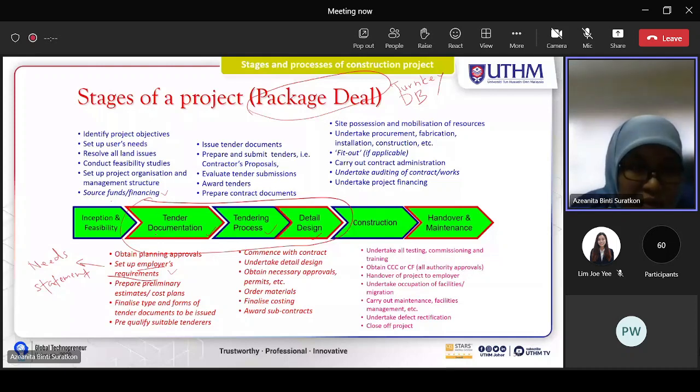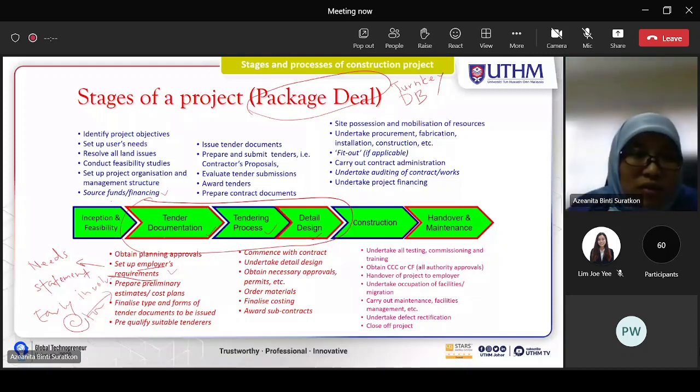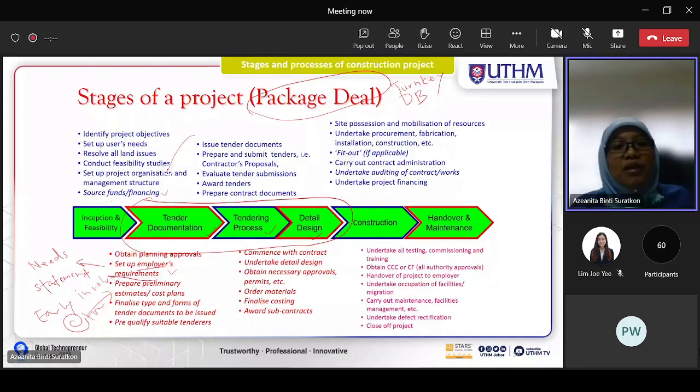So see here, this actually shows early involvement of the contractor. The contractor is already here, in this tender document stage. So meaning set up project organization and management structure. Maybe in the turnkey, sometimes the contractor may already be here with the client.